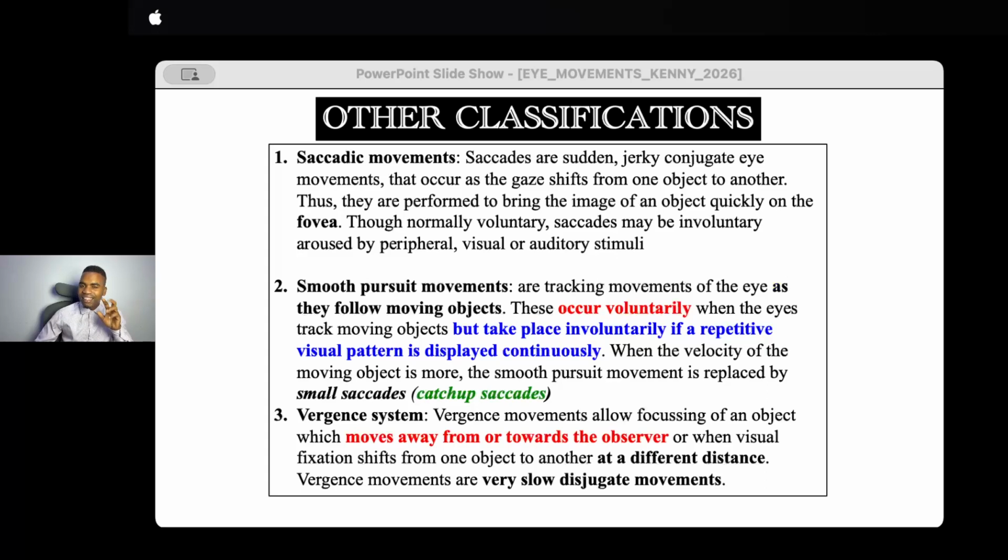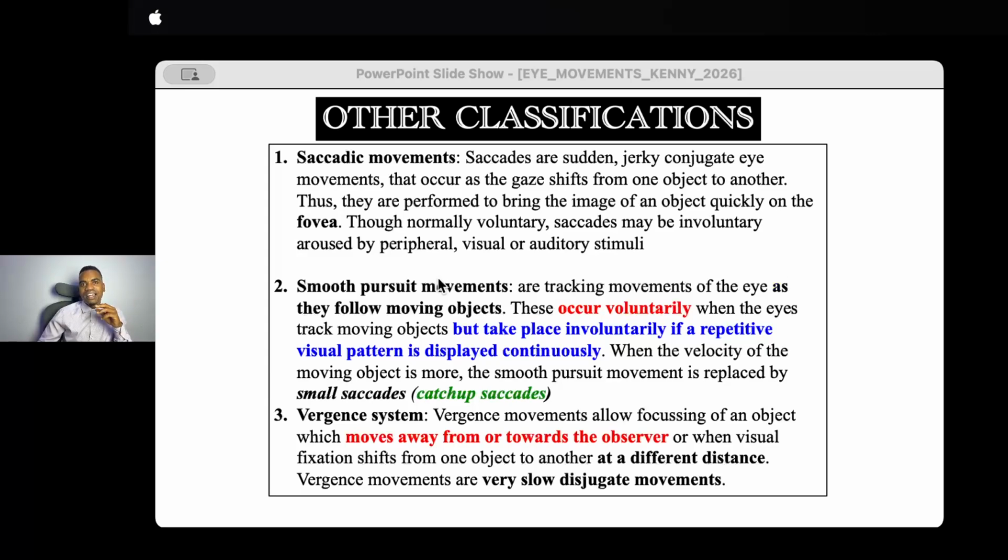Scenario number one is the eyes are moving and the object is stationary, like when you are reading. The eyes are moving smoothly along the line, but the line is stationary. The other scenario in smooth pursuit is the object is moving and the eyes are tracing it.